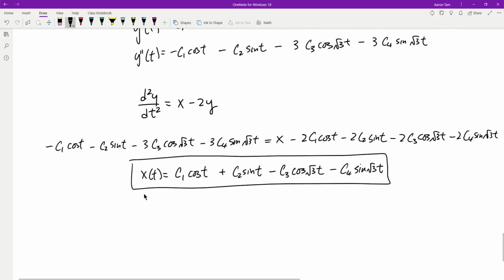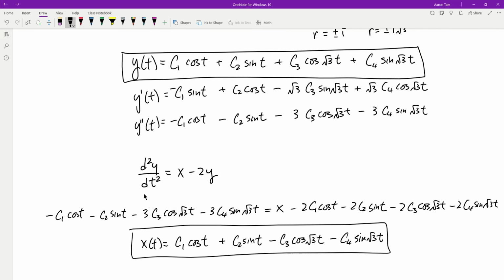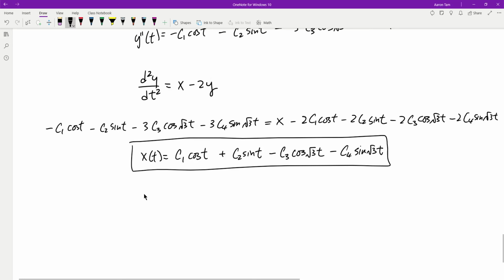So now I can put both of these together and write out my answer. Okay, so my answer should be the following.